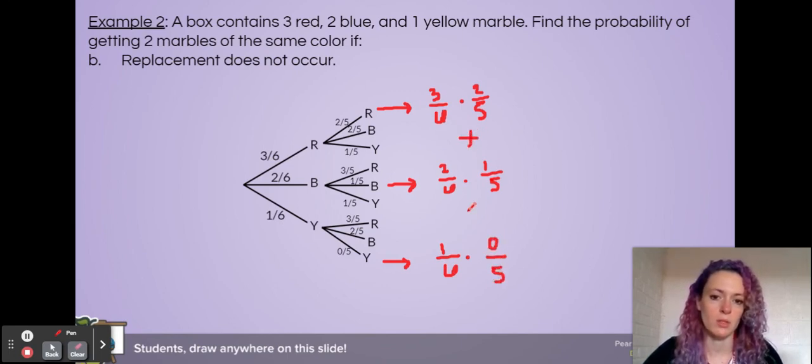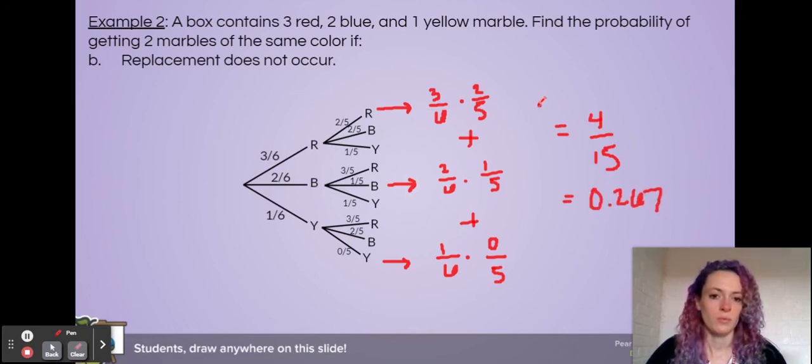And I'm still going to multiply those values and then add up all 3 products. And when I do that, I get 4/15, or 0.267 as a decimal.